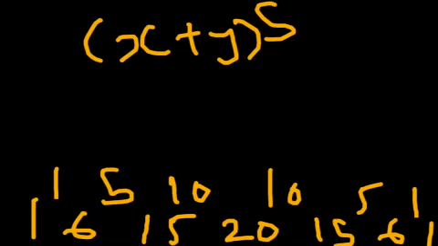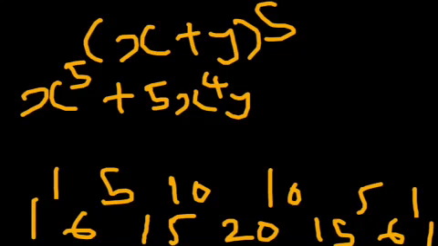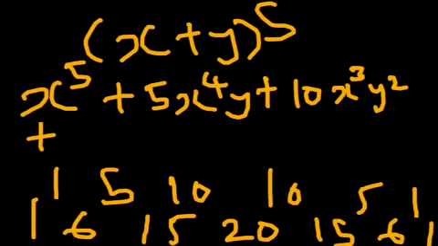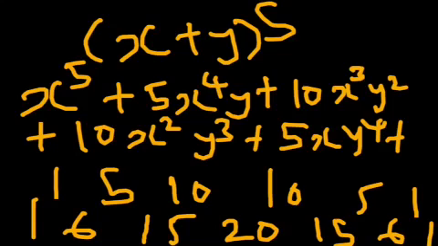Starting with the first term, it will be x to the power of 5 plus 5x to the power of 4 y plus 10x to the power of 3 y squared plus 10x to the power of 2 y cubed plus 5x y to the power of 4 plus y to the power of 5.